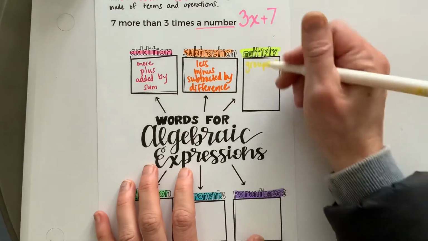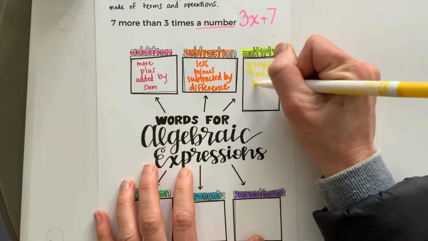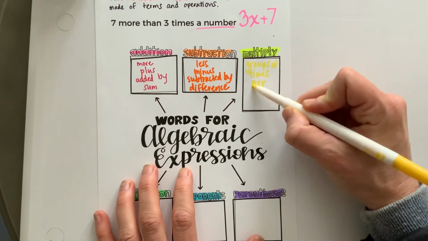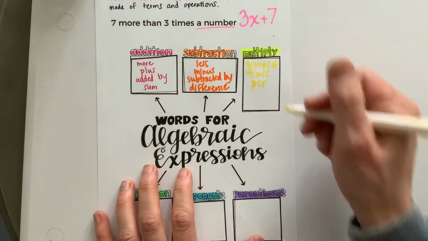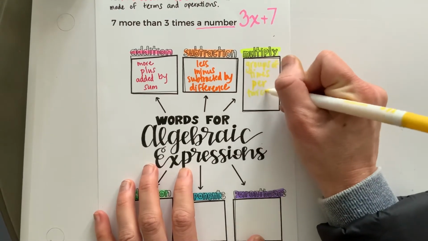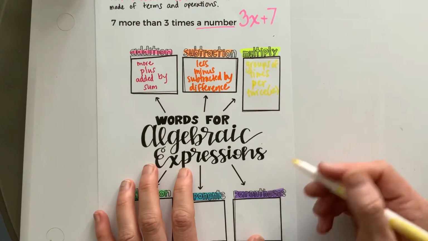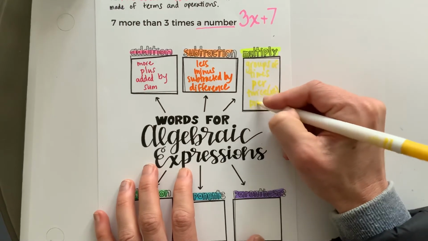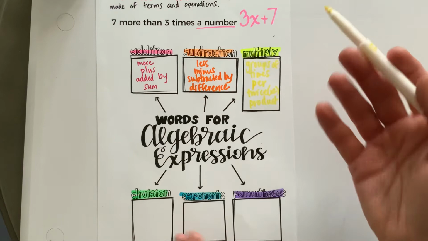Groups of, of course, times is often used, or per, like $2 per gallon, so that would mean multiply. Twice something, right? We know that that's always going to be times 2. And then finally, product. So the product of 3 and x, so we know it's multiply.